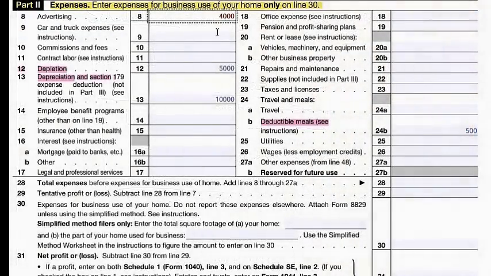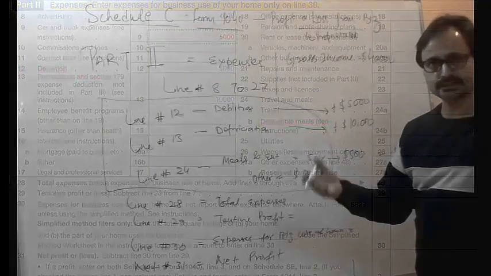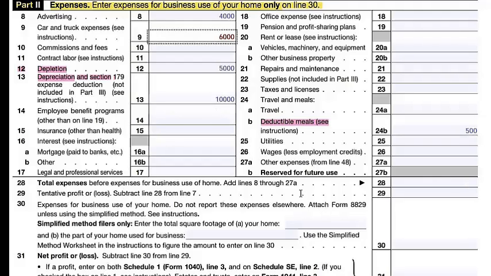Then they may have written other expenses in other lines. Let's say that is 10,000: truck and car expenses, advertisement expenses, maybe some fees or wages paid to someone. So let's assume other expenses are 10,000, depletion 5,000, depreciation 10,000, and meals and entertainment 500.